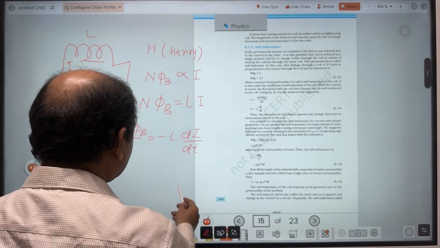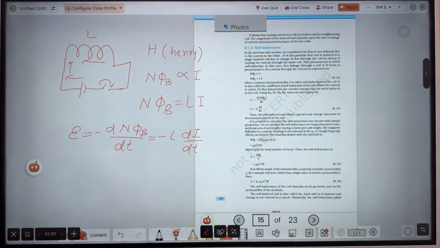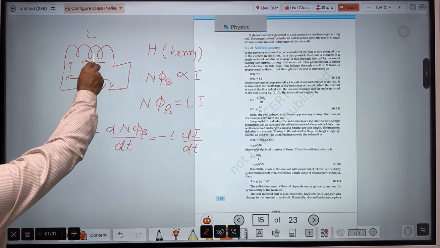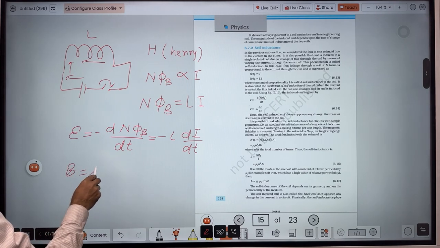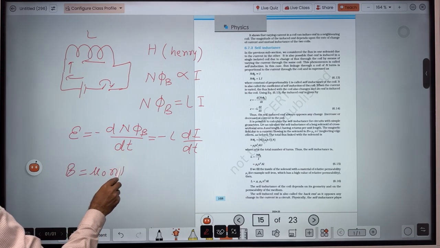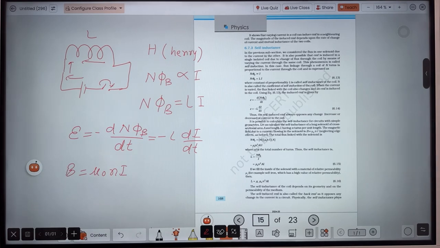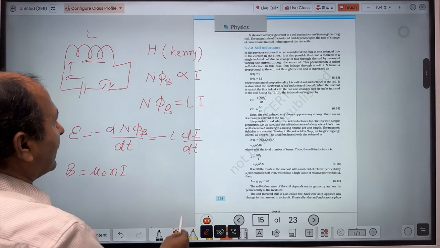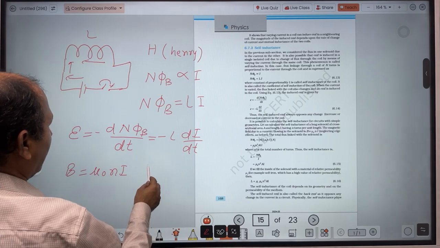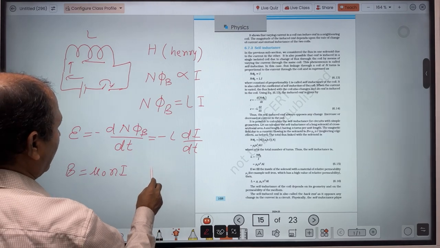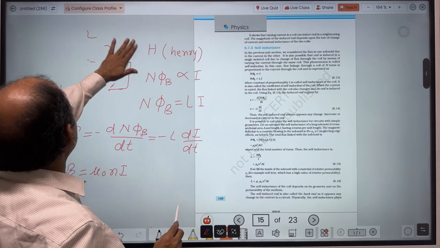Now we can also find L in another way. If you remember, B inside a solenoid is equal to mu naught n i. So here we can apply the formula again to get L. I am erasing this portion.